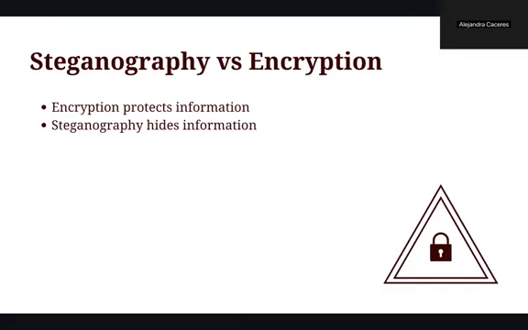And this protects from unauthorized access or hackers. That being said, encryption and steganography are not the same. While the purpose of encryption is to protect data by making it unreadable, steganography focuses on hiding its existence. So that's a difference between these two.